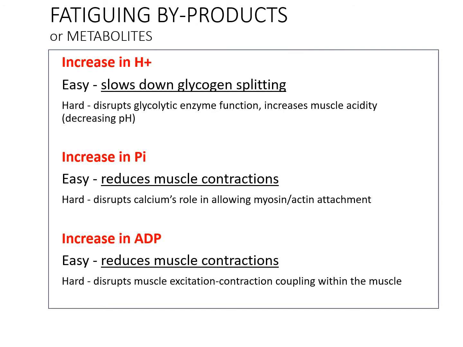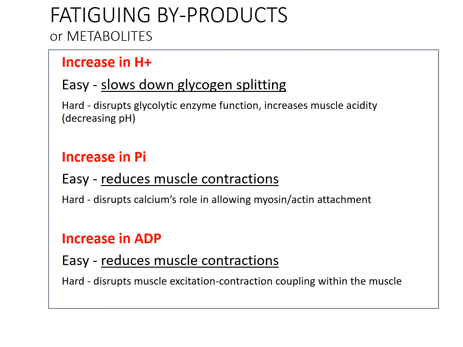Inorganic phosphates, in a nutshell, are thought to weaken muscle contractions. I don't think you'd be asked in any great depth to explain how that is the cause, but they are thought to contribute to fatigue by inhibiting calcium's role in getting the cross bridges to attach at the mechanical level within the muscle.